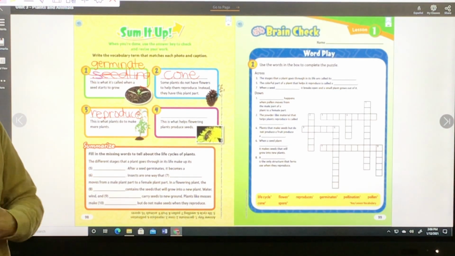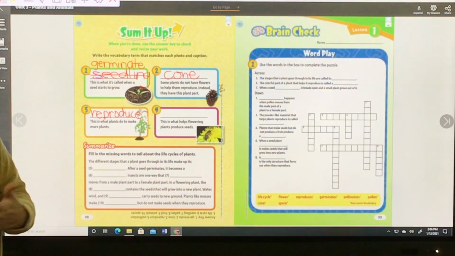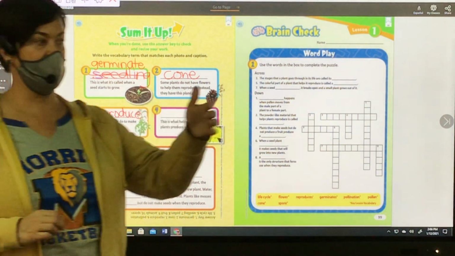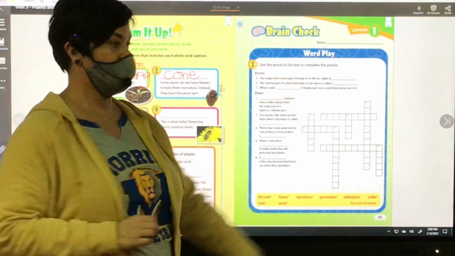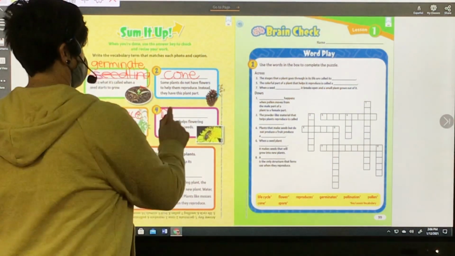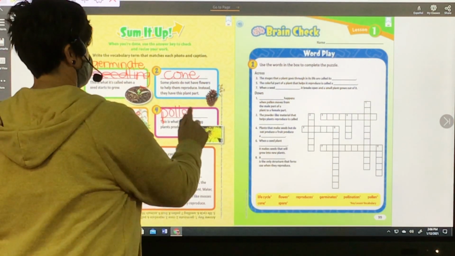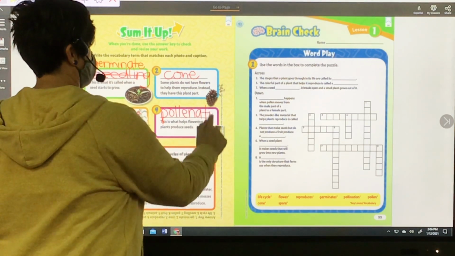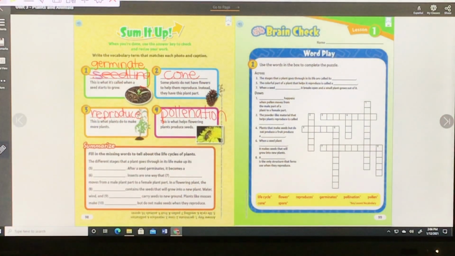What's that stuff they get on them, everybody? Pollen. That's part of the word. This is what helps flowering plants produce seeds. So it's pollination. It's one word. Yes, one word.